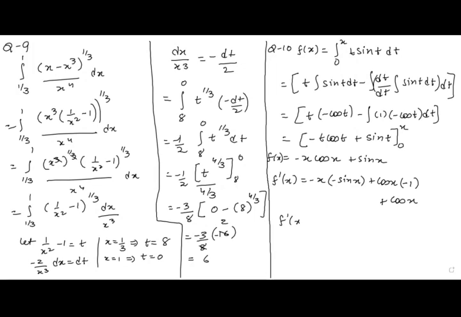So f dash of x is minus minus plus x sin x minus cos x plus cos x. Minus cos x plus cos x will get cancelled out and I am left with x sin x.